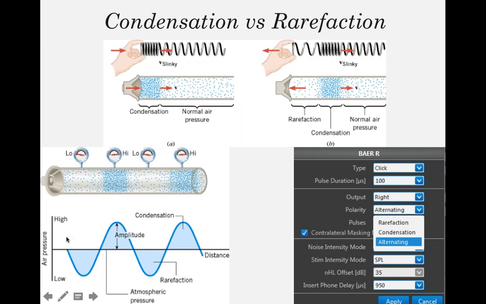And if we come down here and we look at what the alternating signal will look like, we've got rarefaction followed by condensation, rarefaction, condensation, and it is a variation on the pressure of the sound wave, specifically the pressure that is being put on the tympanic membrane, the eardrum. So with condensation, the sound waves are pushing into the eardrum, and with rarefaction, it is pulling on the eardrum.